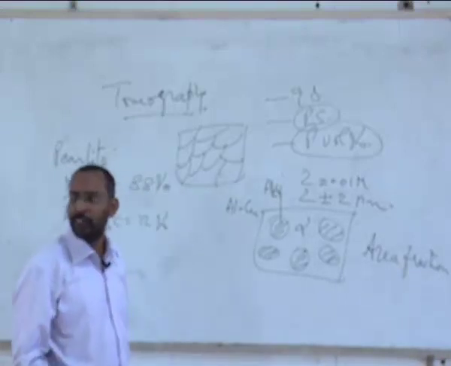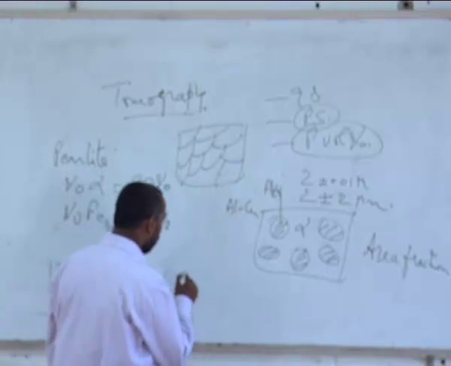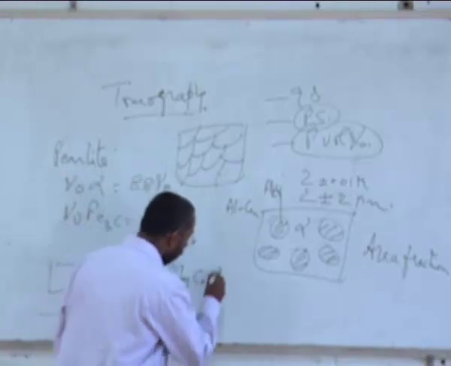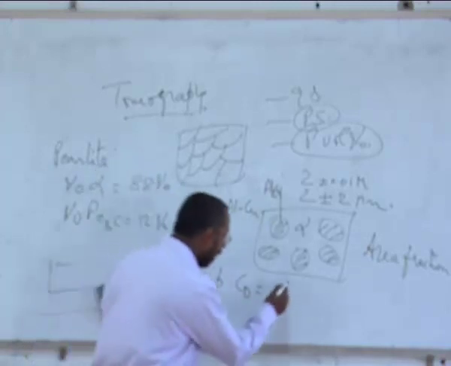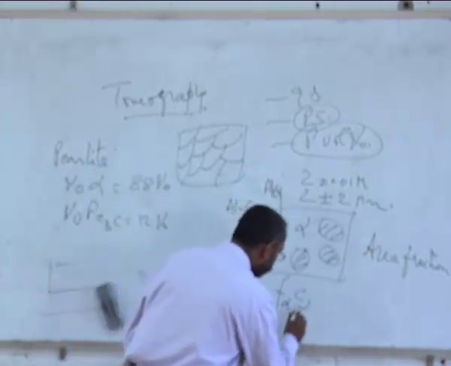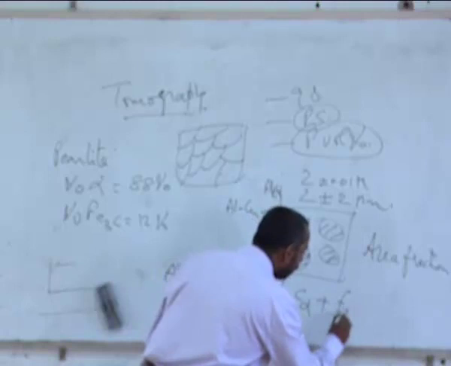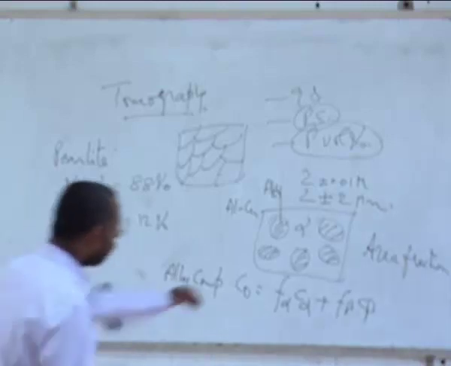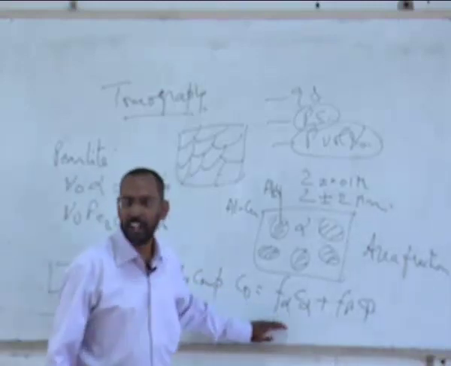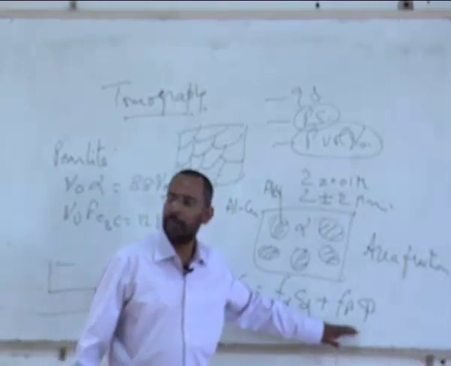If I use lever rule, I say that alloy composition, if I call it as C0, C0 can be given as F alpha into C alpha plus F beta into C beta. This is what is the basis of lever rule. What is these two? F means fraction. Fraction of alpha and fraction of beta.